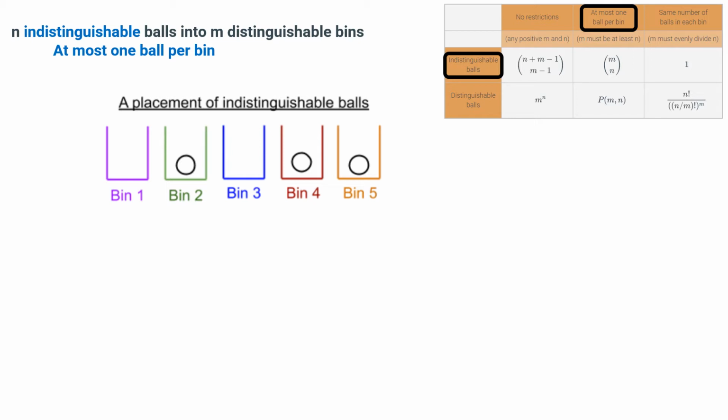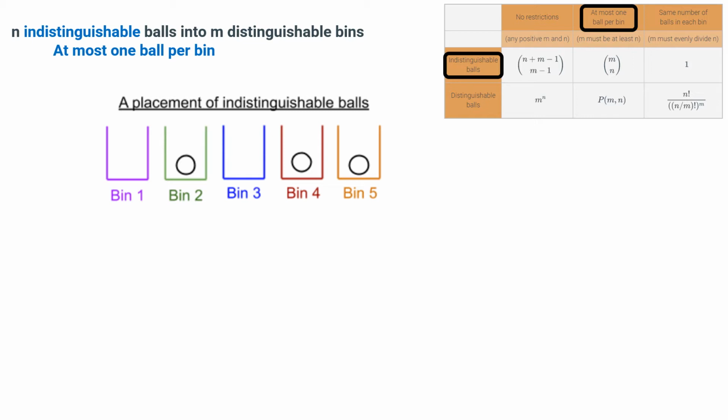If you look right below that black circle that says at most one ball per bin, underneath it says M must be at least size N. So we've got to have more bins available than there are balls, or at least the same number, because if it's the same number, then we'll just put one ball in each bin.